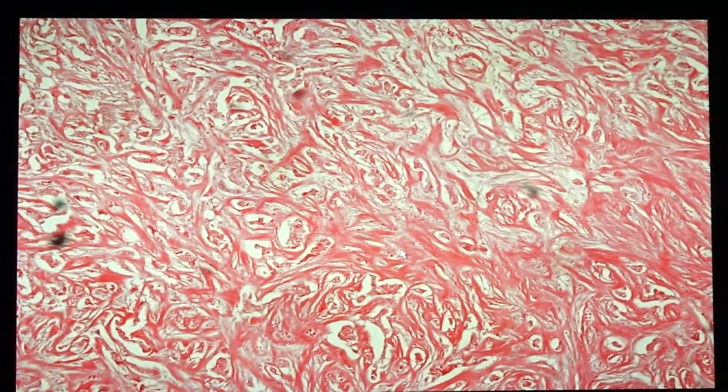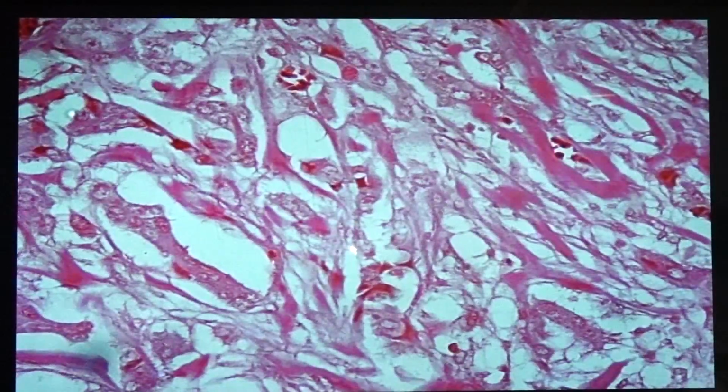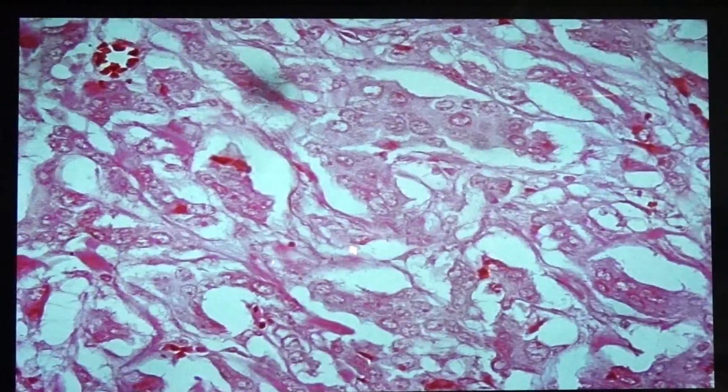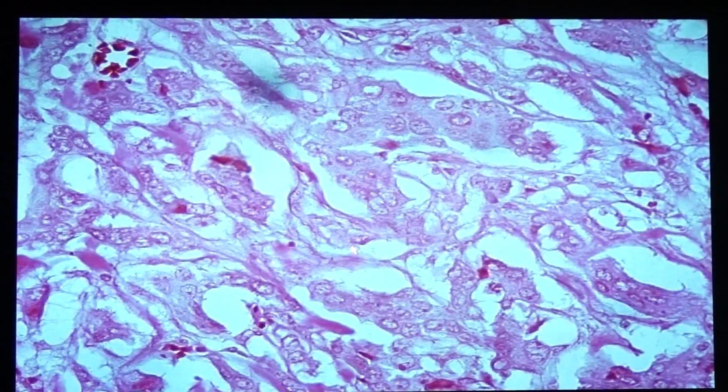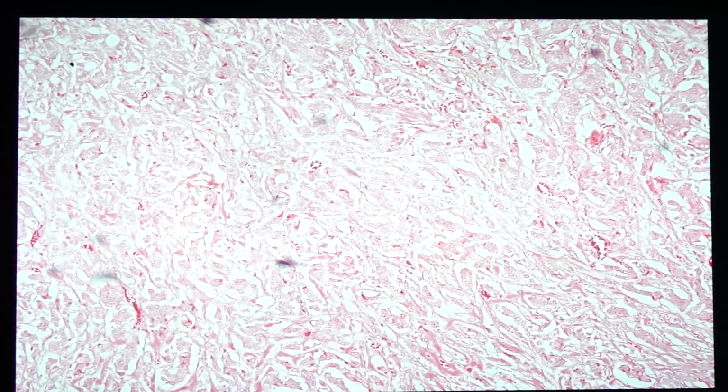Here, if you notice, you see a lot of the stromal reaction, and it's important for you to differentiate this one from sclerosing adenosis, because these are all dense collagen. Okay, some of the cells would be thrown into cords like this, okay, or this one. Okay, so this is invasive ductal carcinoma. Okay, invasive ductal carcinoma.